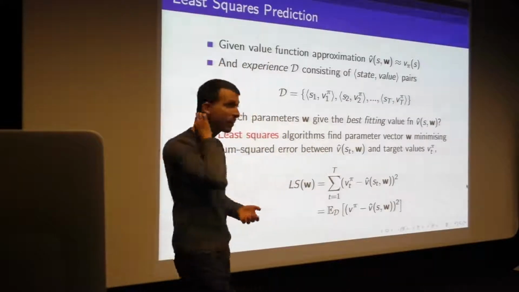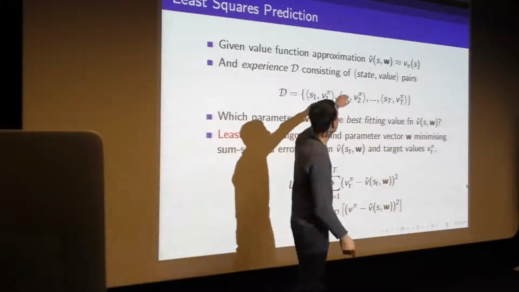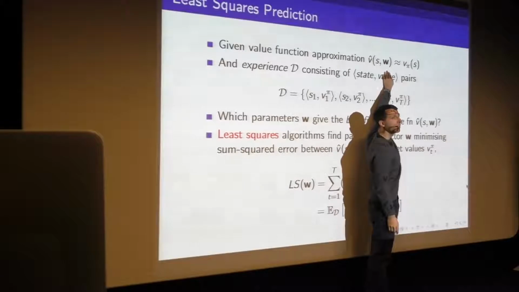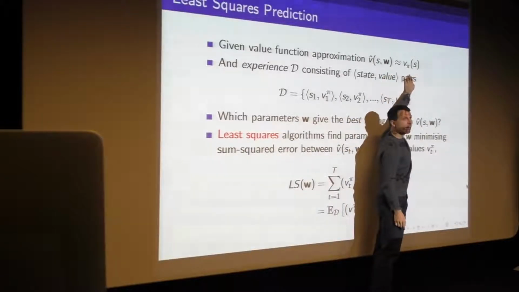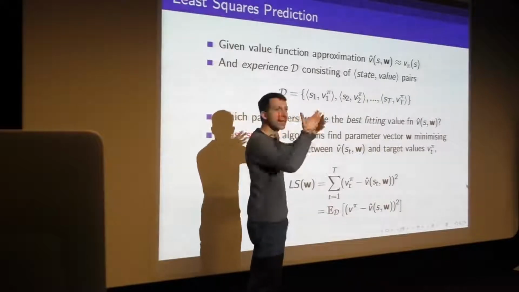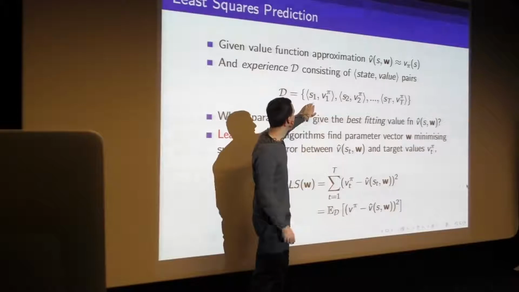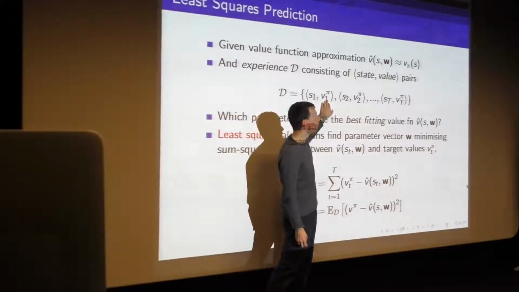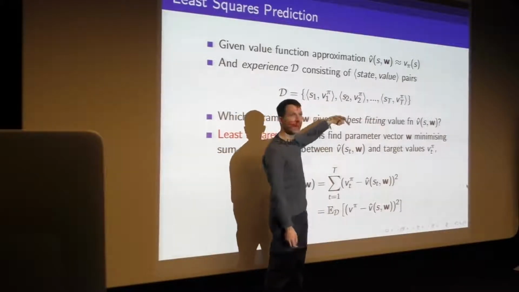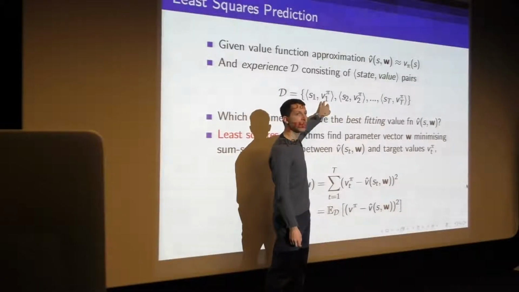Well, one definition would be something like a least squares fit. Now, if we want to fit our function approximator to the true value function for our policy, we can, again, define some data set. This is just what we did before. We've got some training set, which is our states and our targets. Let's say there's an oracle again. In state S1, the oracle tells us the value should have been this thing.